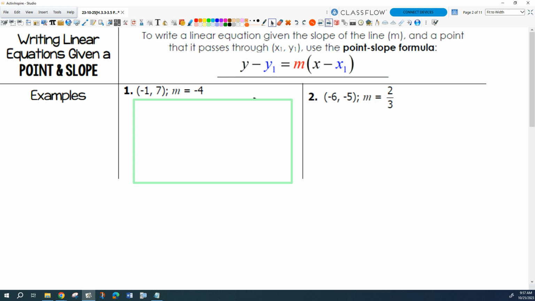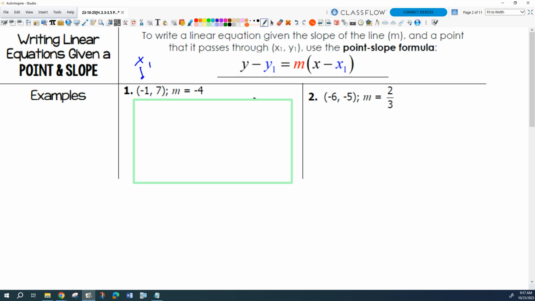So simple one. How about this first one? Okay, here's my point slope form, right? What are the values I'm inputting in example one? What goes where? Where's the -1 go? Okay, that's x1, isn't it, right? That's the x coordinate of the point that I know. Okay, so this is x1.